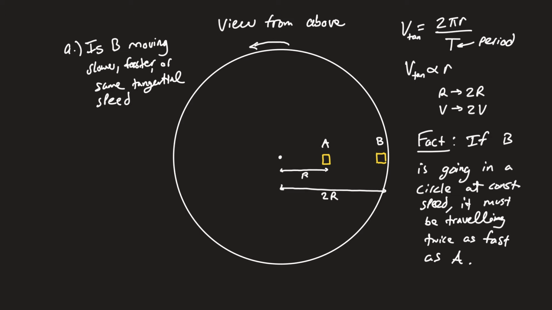All right, now what we can do is solve for the maximum speed that B must have, and then compare the two. So that's what we'll do now.